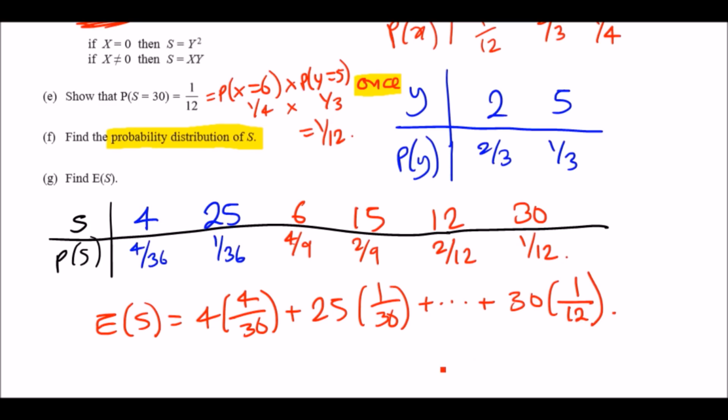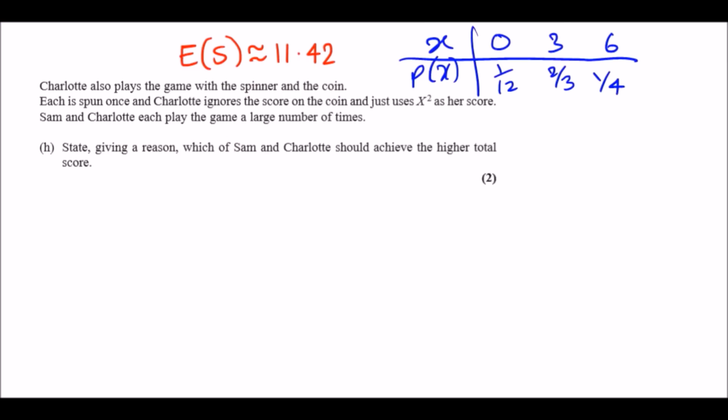And you should get about 137/12. And that is about 11.42, to 2 decimal places.